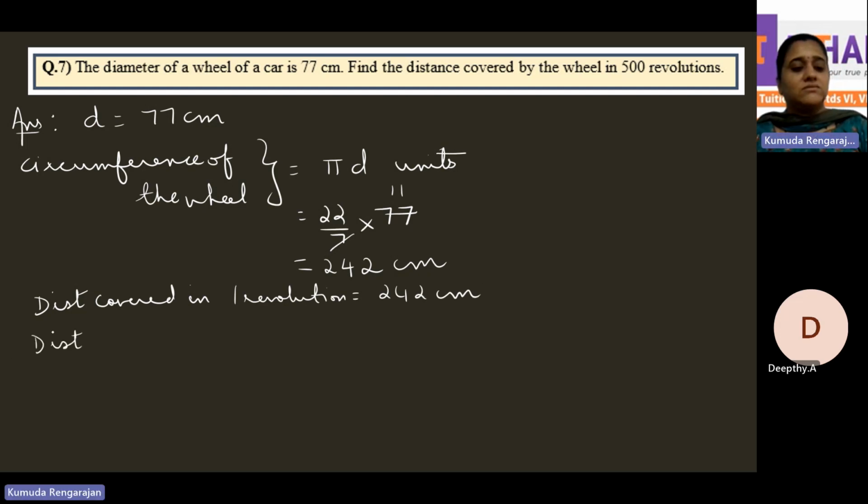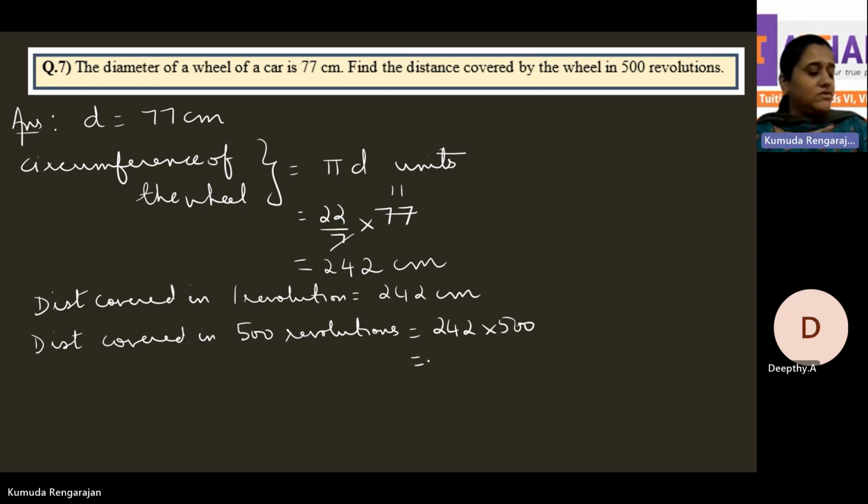Distance covered in 500 revolutions is equal to 242 into 500, which is 121 followed by how many zeros? 3 zeros.